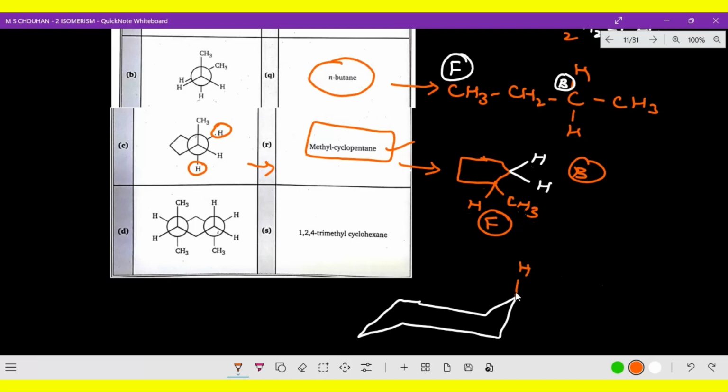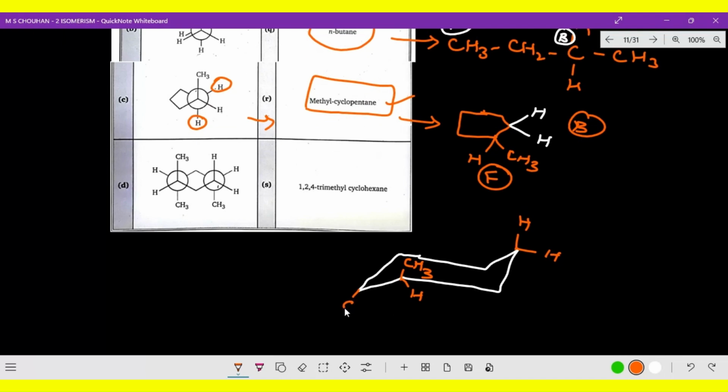Here hydrogen and here hydrogen. And the next one, 1, 2, 4. Where do we identify 1, 2, 4? Here 1, 1, 2. Now let us start here. Here CH3, here CH3, here hydrogen, and the same way here CH3, here CH3, and here hydrogen, right?